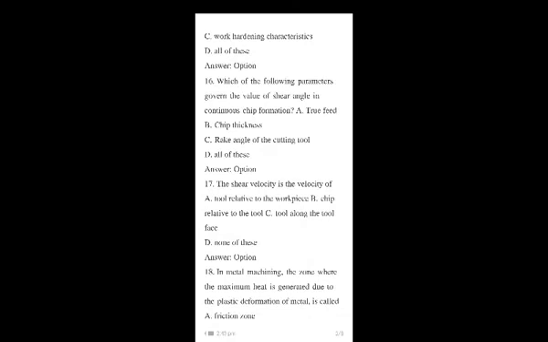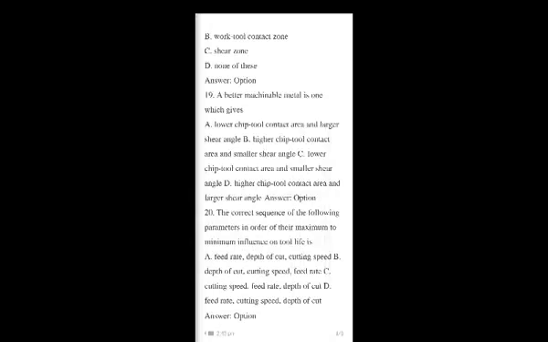17, the shear velocity is the velocity of... here none of this is there for question number 17. So for 18, in metal machining, the zone where the minimum heat is generated due to the plastic deformation of metal is called the shear zone.